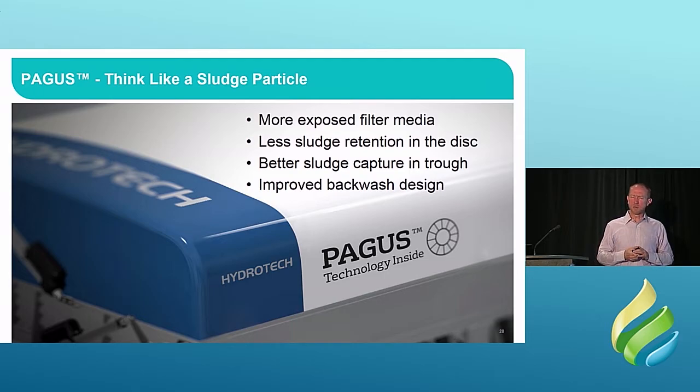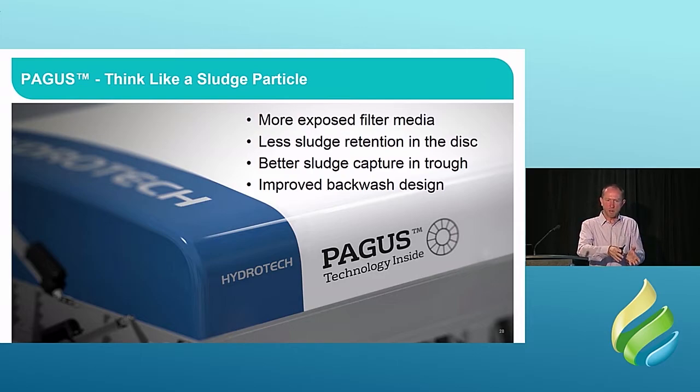Less sludge retention in the disc is to do with how the sludge comes back out again during a backwashing, ensuring that when that stuff is sprayed off the cloth, it gets out very efficiently. Before, it was less optimized, and that meant there was some sludge that, even though we'd sprayed it off the cloth, hadn't got back out into that trough that you saw earlier.